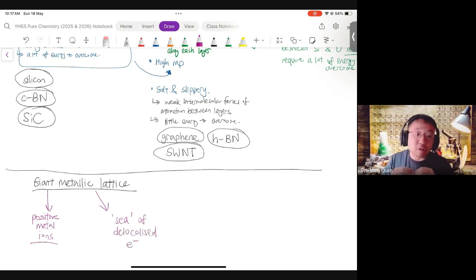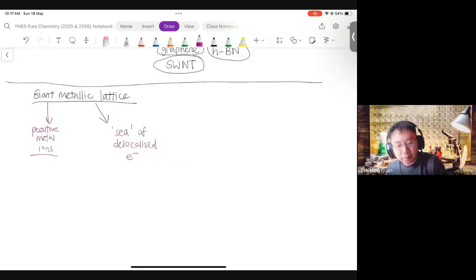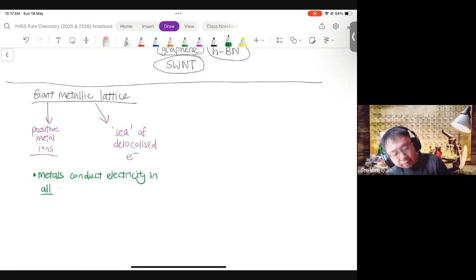Okay, so this is crucial. You need to know that a giant metallic lattice is made up of positive metal ions in a sea of delocalized electrons. All right. Now, once you realize that, the rest is quite straightforward. First, metals conduct electricity in all states.